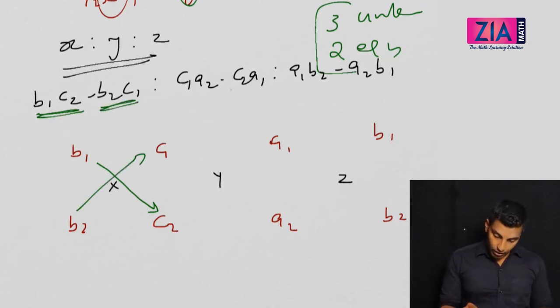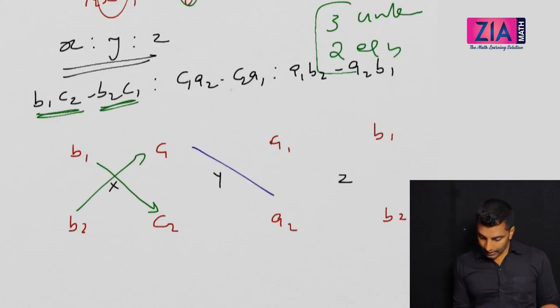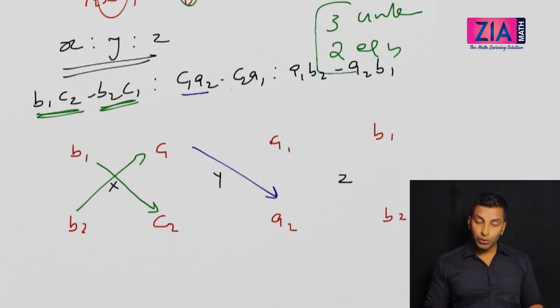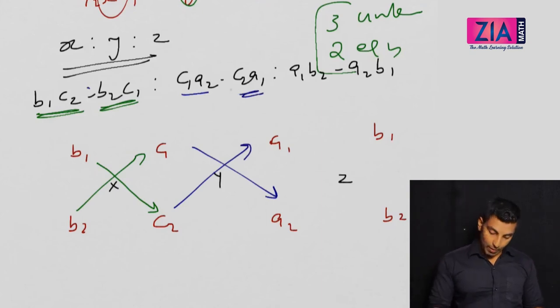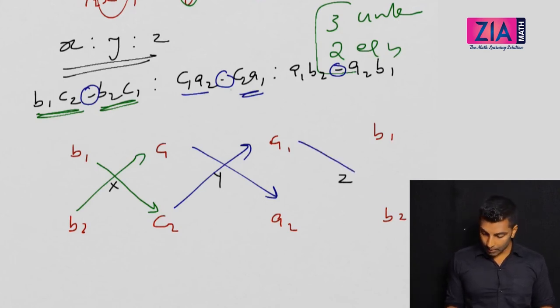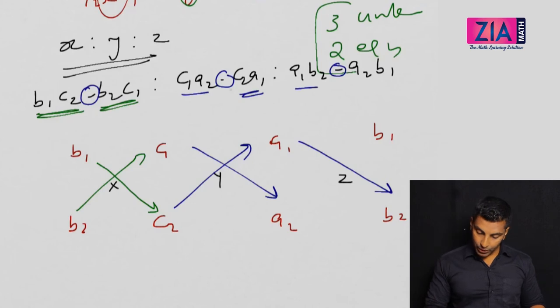Now you continue like this, so you get c1, a2, then go like this, so c2, a1. All are minus, so you don't have confusion. Now from here, after stopping, you come like this, that is a1, b2, and then go like this, a2, b1.